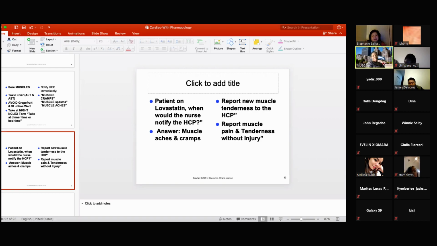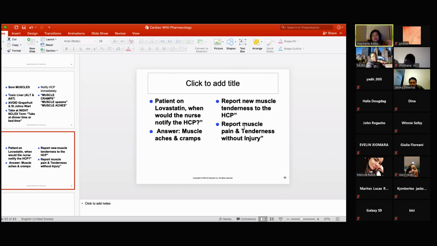You see, this is coming from so many, I think ATI. So you have this question, and the answer is muscle aches and cramps. And then here, report new. Remember I said words like new or worsening, you have to pay particular attention. Here, new muscle tenderness.